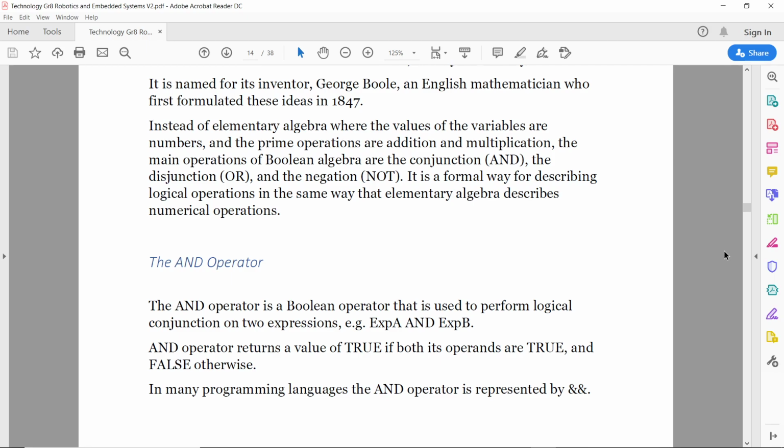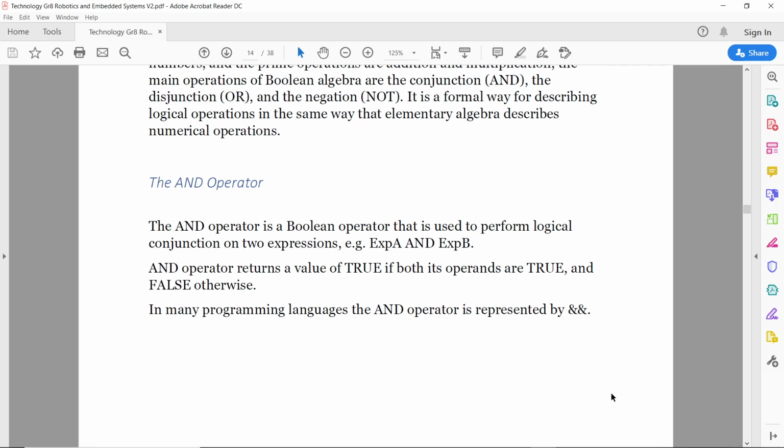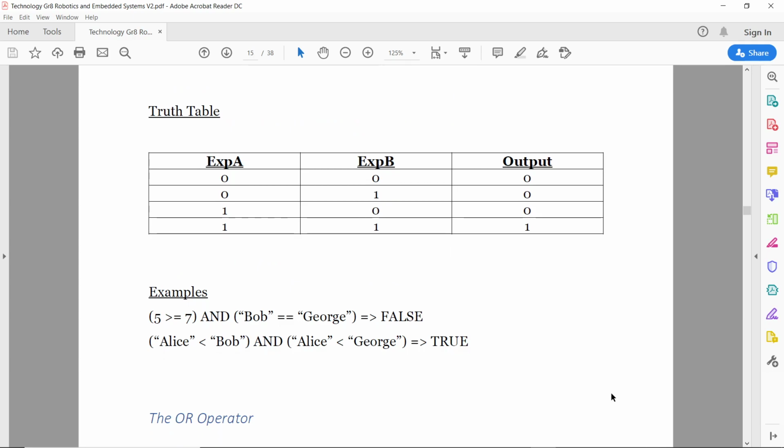And you can see there that some languages show it as 2 ampersand signs. You can see them here, these two ampersand signs. That's above the 7 on your keyboard. Okay, and we will be using that notation. So there is what we call the truth table. If we have 2 inputs, we know that we have 4 possibilities.